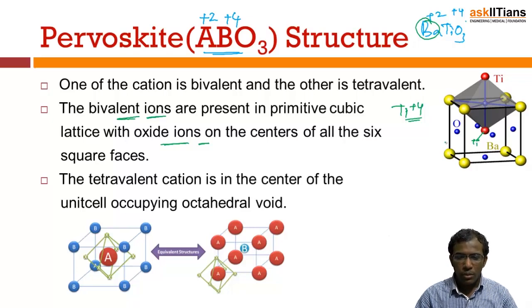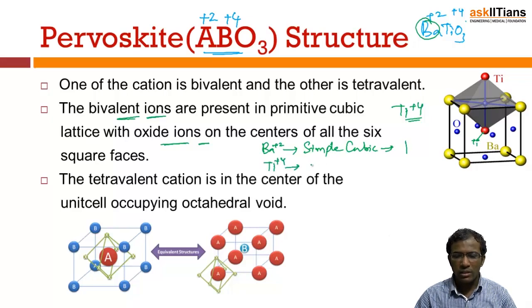Okay, so Ba+2 ions are at the corners, so simple cubic. Simple cubic means there will be only one barium ion, and the Ti+4 ion is present at the center, so only one titanium ion.